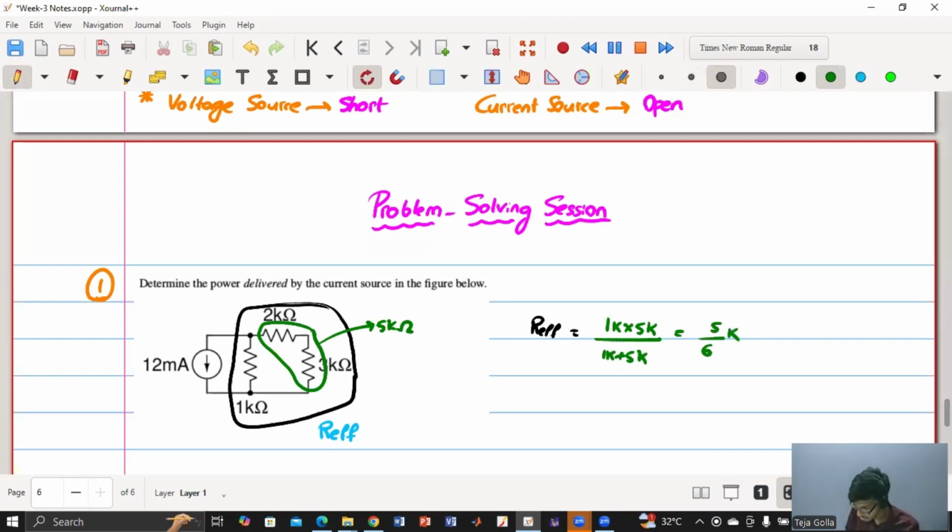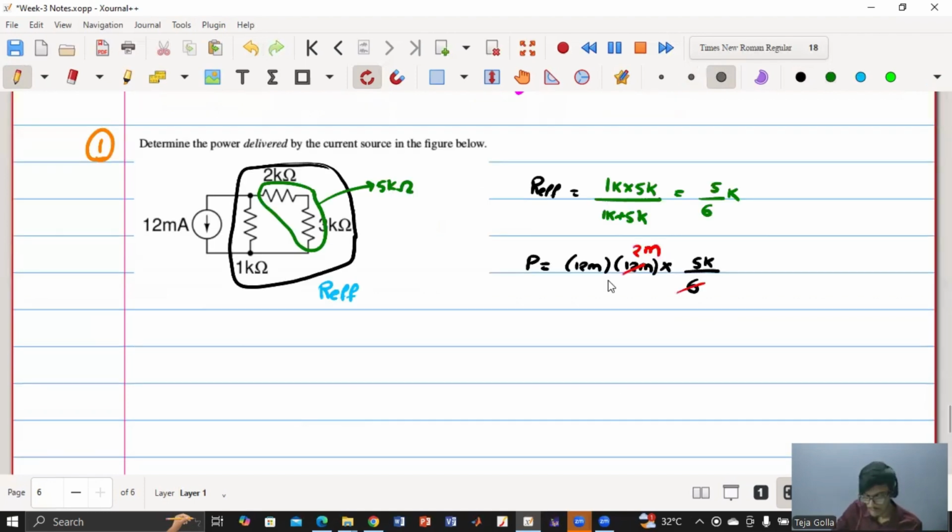Now I know that power delivered is nothing but I square R. So 12 milli into 12 milli into 5K by 6. So 12 milli divided by 6 is 2 milli. 2 milli into 5K is 10. 10 into 12 is 120 milli.